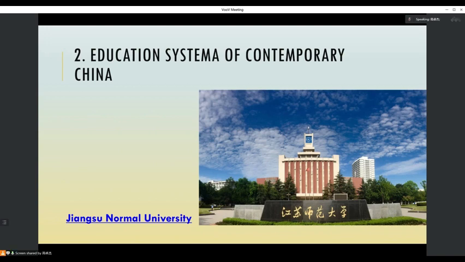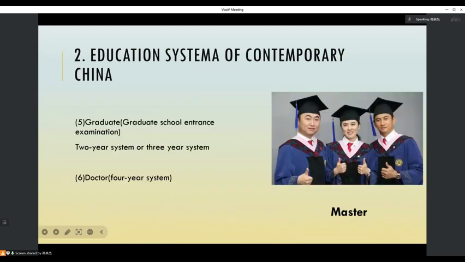Okay, let's move on with our last topic. Graduate school entrance examination. Graduate study is about a 2-year system or 3-year system. Are you graduate 2 years? When I am in this stage, I have 3 years.